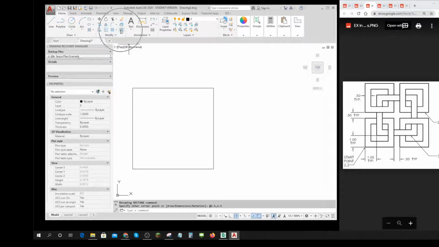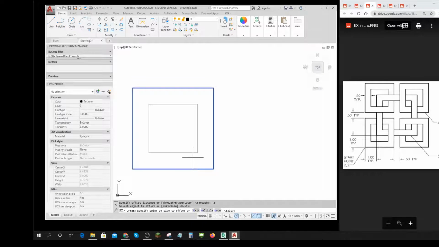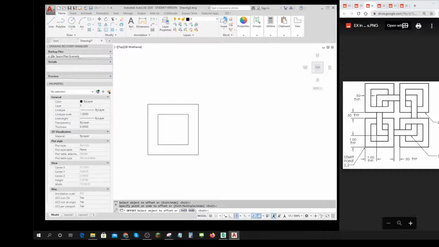And then I can offset that thing by an amount of 0.5. And if I click on it and I move my mouse to the inside and click, there we go. So now I can make a copy of those things, right?